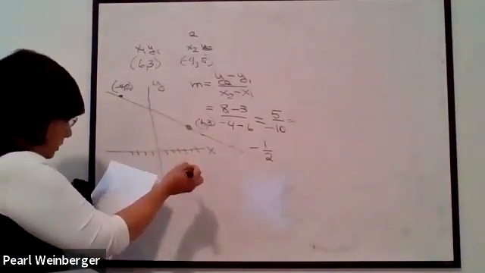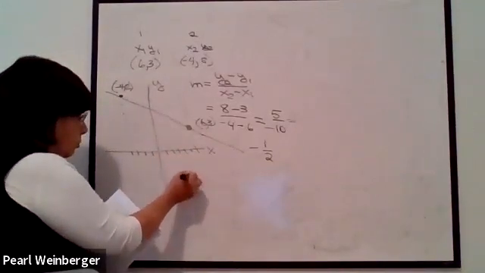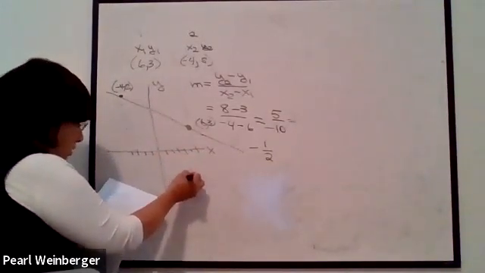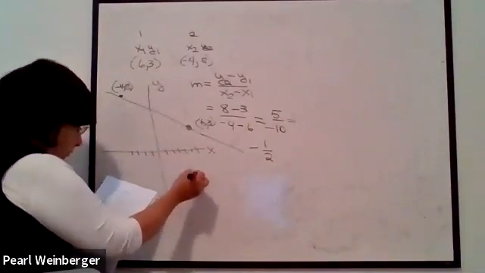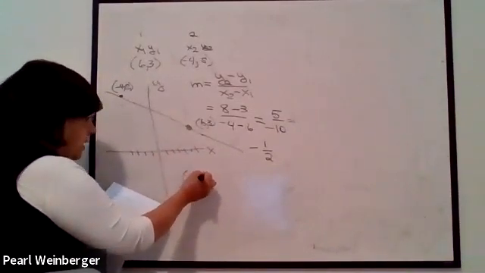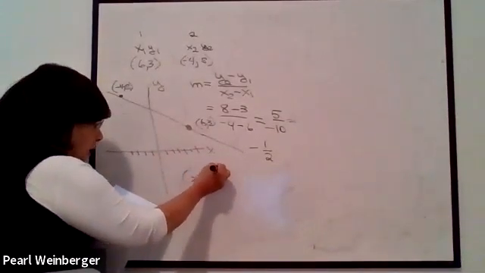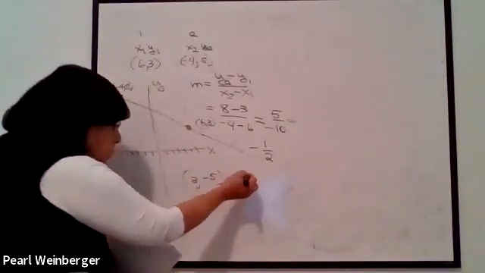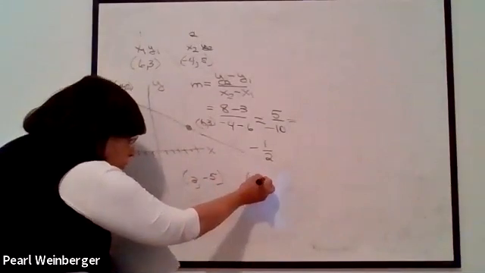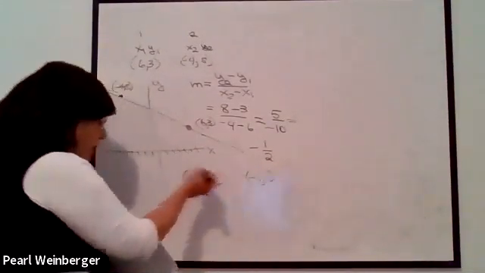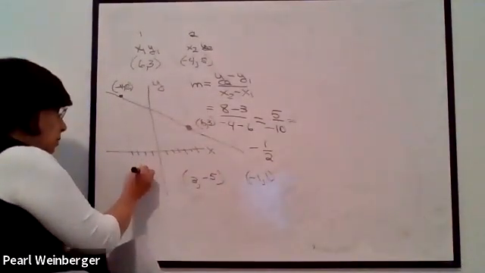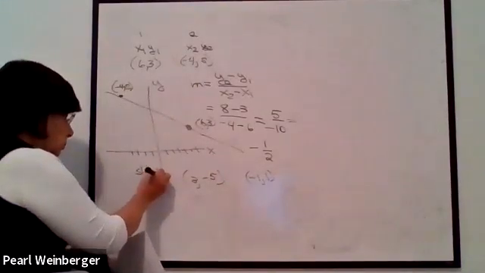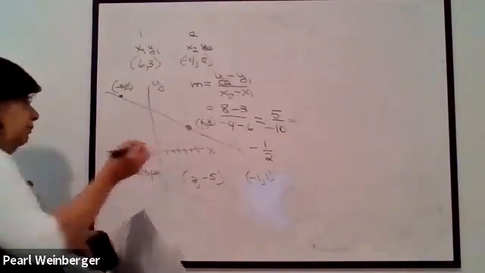Suppose I give you 1 point is 3, negative 5, and another point is the point negative 1, 1. Okay, find the slope. You don't have to graph it, I just want you to find the slope.